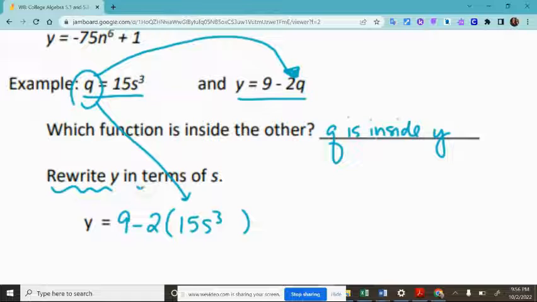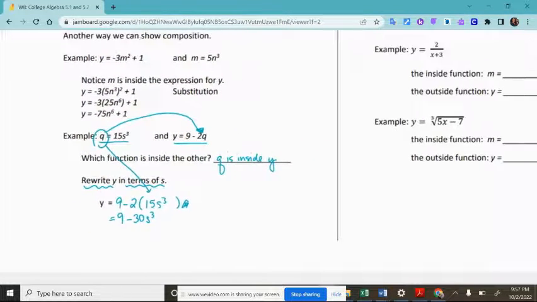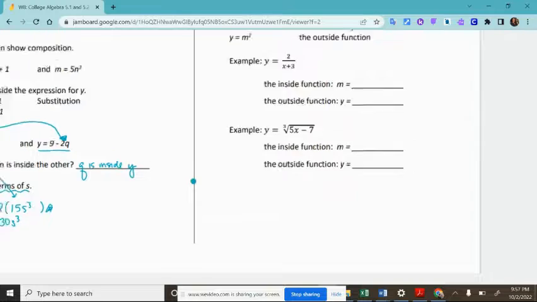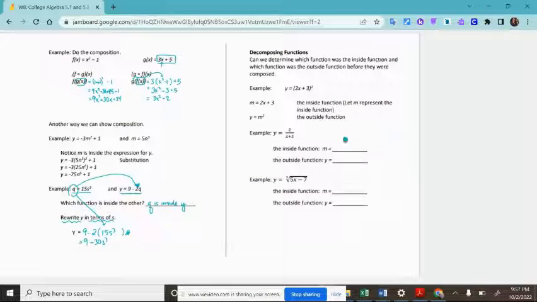Rewrite y in terms of s means make this function have an s in it instead of a q. All right, so then if we clean this up a little bit, -2 times 15s cubed would be -30s cubed. There we go. We're just plugging stuff in where they tell us to plug it in. That's the bottom line here.